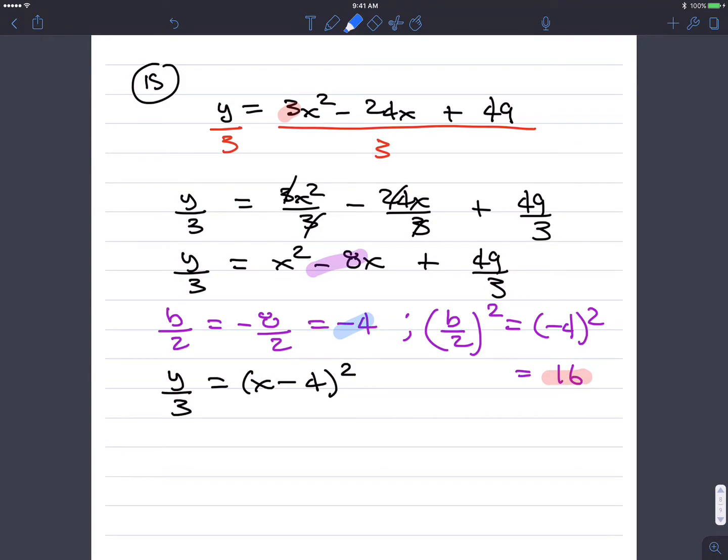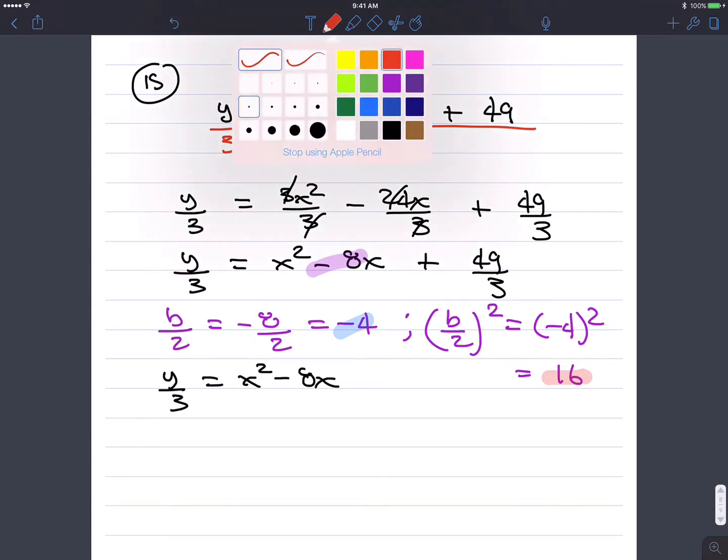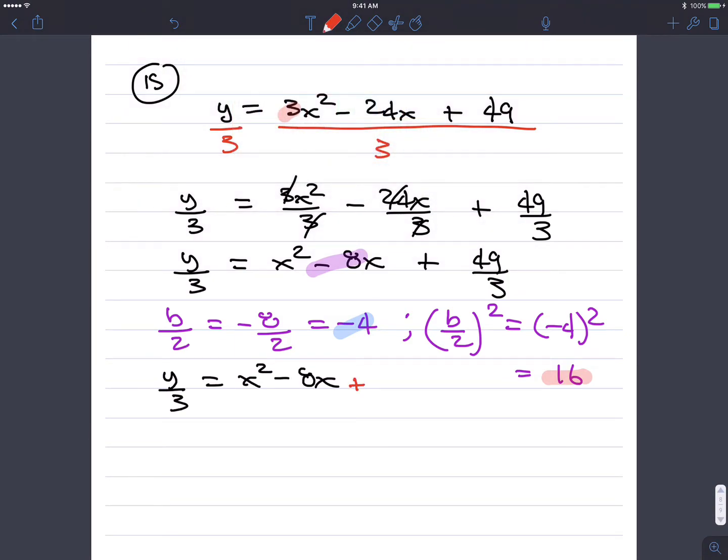Uh-oh. Hold on. Back up. Let's be complete. Let's do everything the way we've been doing it. Rewrite this. We got y over 3. X squared minus 8x, plus 16. And we're going to have to put this lower since we're running out of space here. Caught that error.